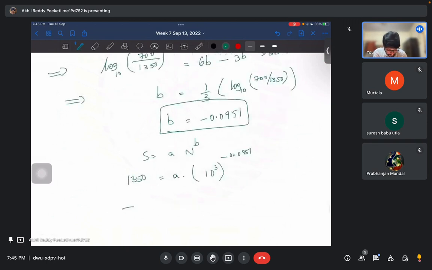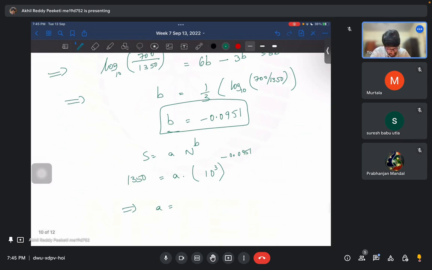So this way you can estimate A. Let me calculate it quickly: 1350 by 10 power 3 to the power minus 0.095.